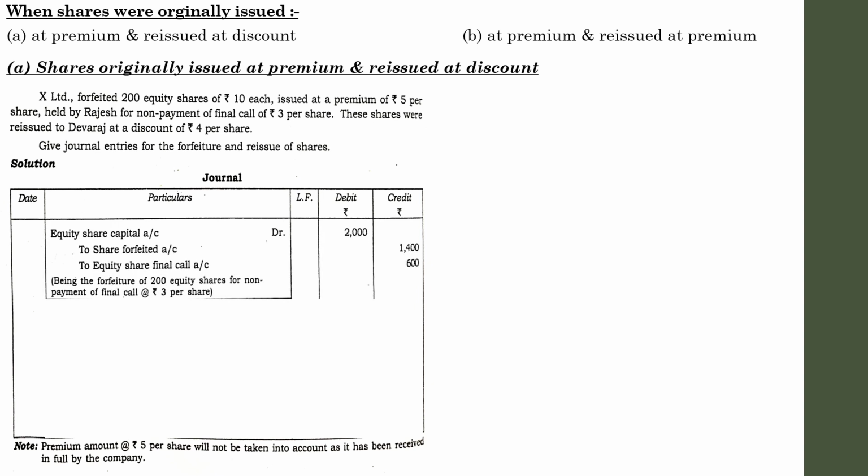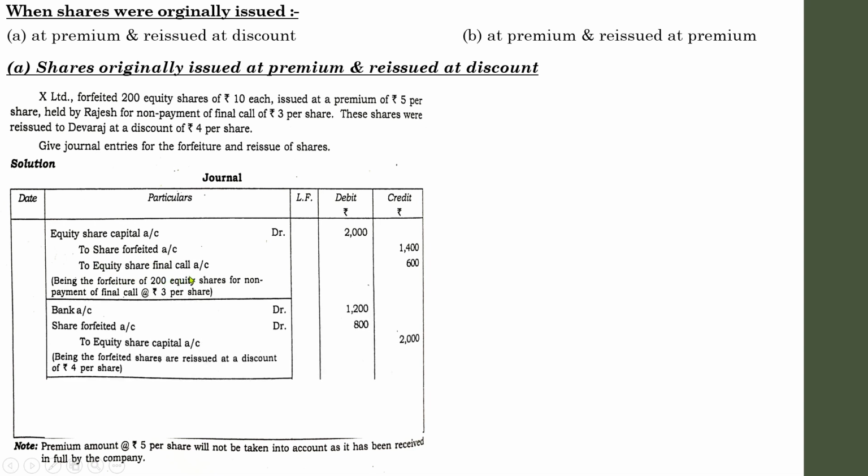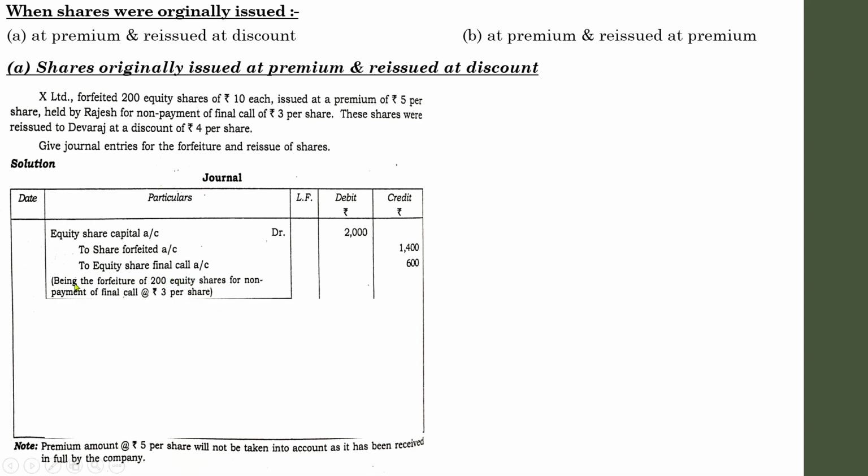So the entry will be Equity Share Capital Account debit, to Share Forfeiture Account, to Equity Share First and Final Call, and the narration being the forfeiture of 200 equity shares. Rajesh, who is holding 200 shares, failed to pay the call money of rupees 3. What is the total price of one share? 10.